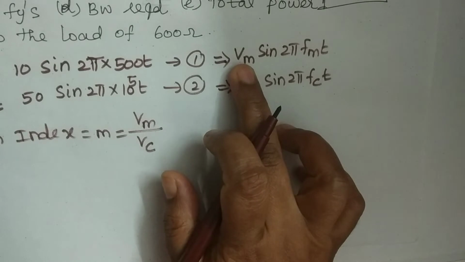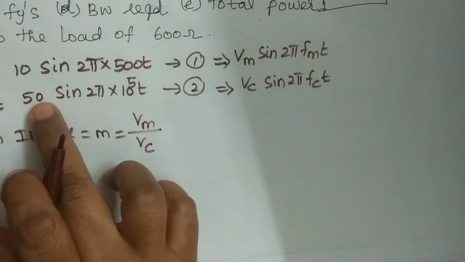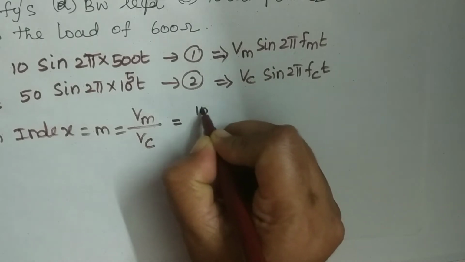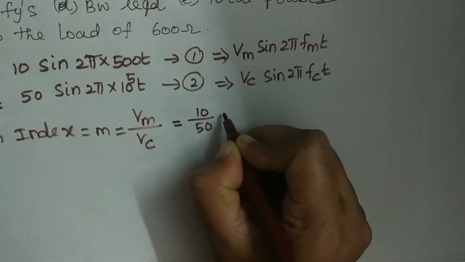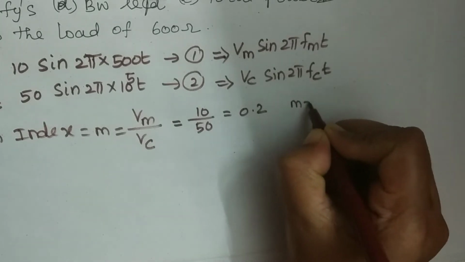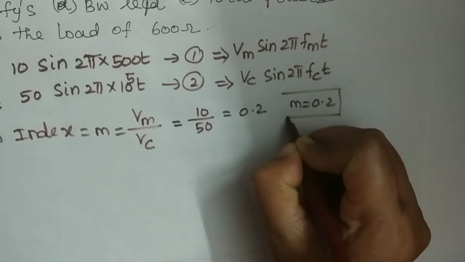So Vm is 10 and Vc is 50. We can directly substitute the values: 10 divided by 50 is 0.2. So the modulation index is 0.2.